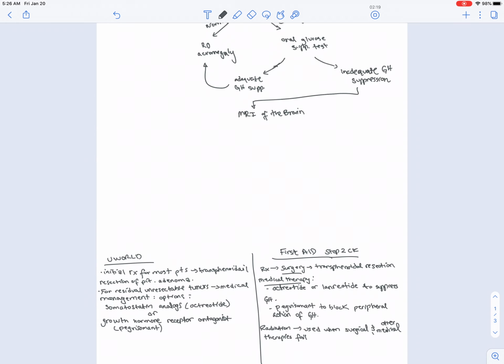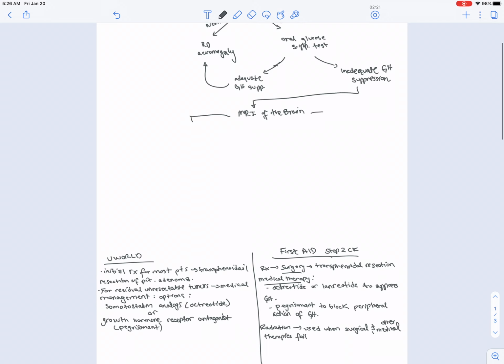And from here, two things can arise. Either you have a normal pituitary, and if you have a normal pituitary, you now have to evaluate the patient for extra pituitary causes of acromegaly.